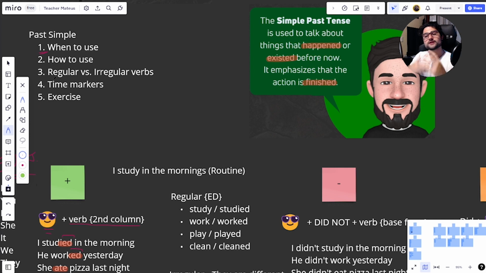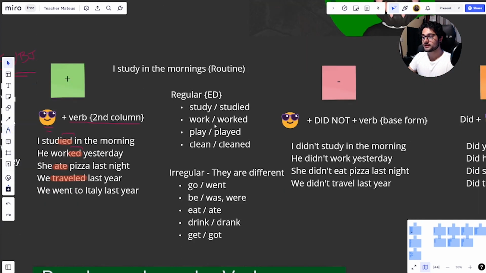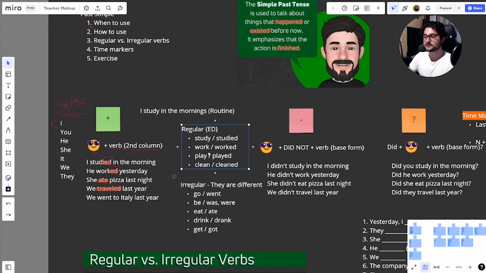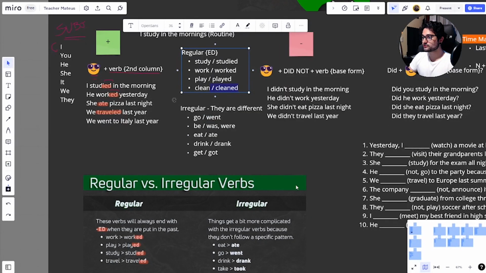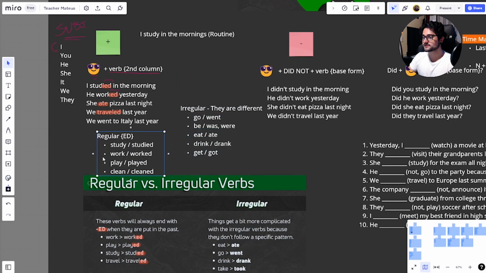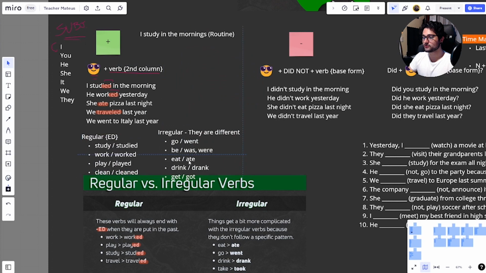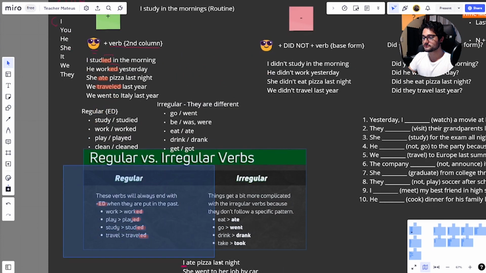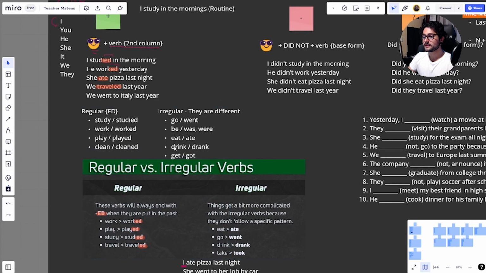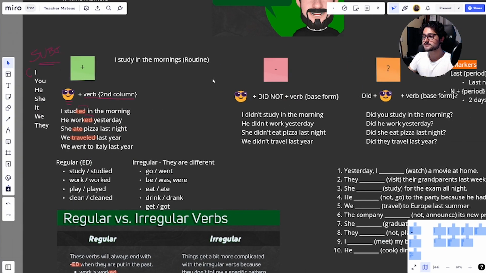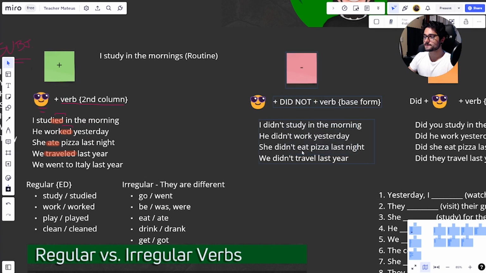But what happens when I want to inform a negative information? Then things get a little bit interesting. For example, we have this regular and irregular. I'm going to put these guys over here, so they don't enter in the flow of our discussion. Here we go. And now, guys, perceive these differences.